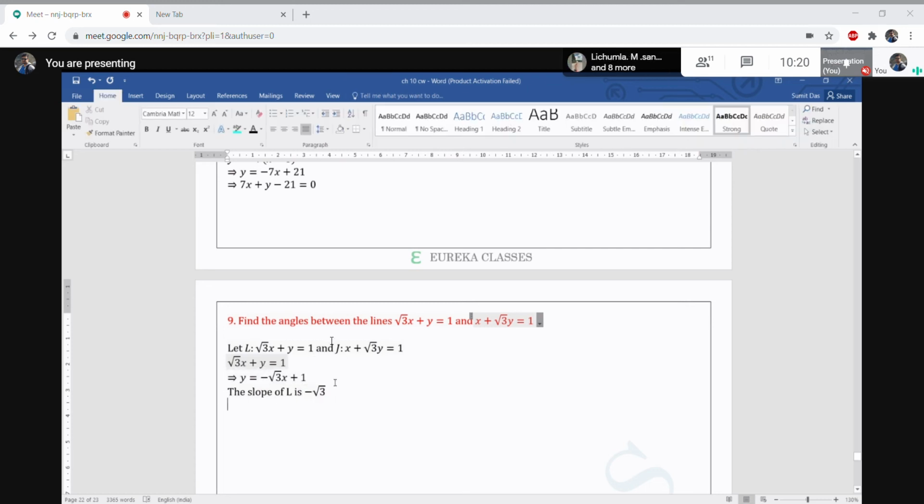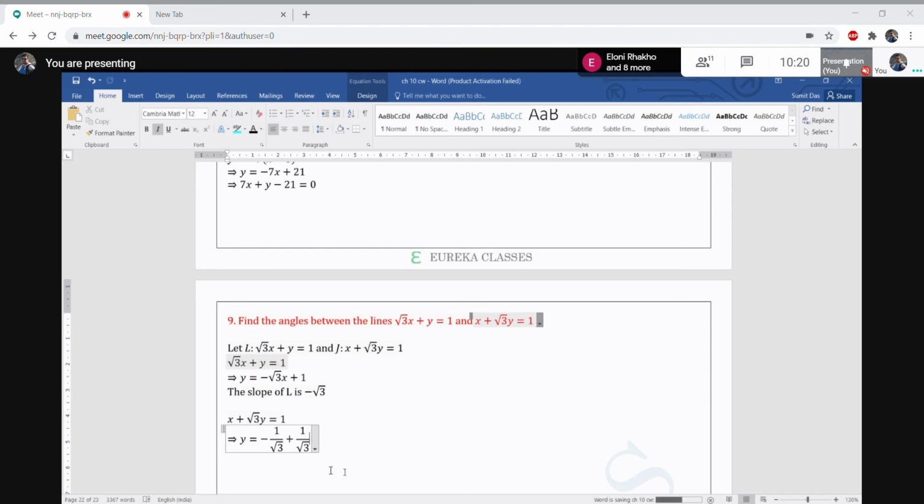Okay, similarly, if you simplify this one, here y will be equal to minus 1 by square root of 3 into x, then plus 1 by square root of 3.